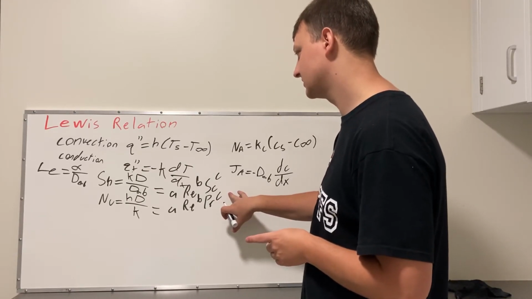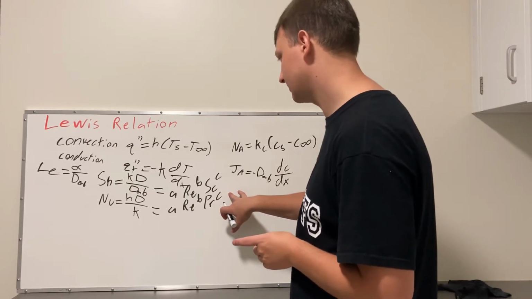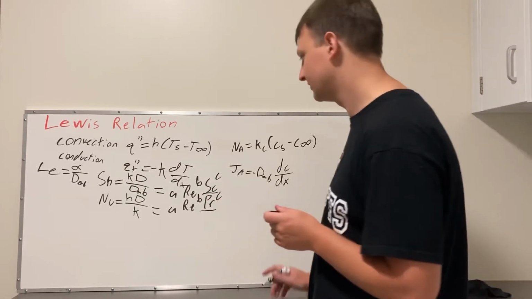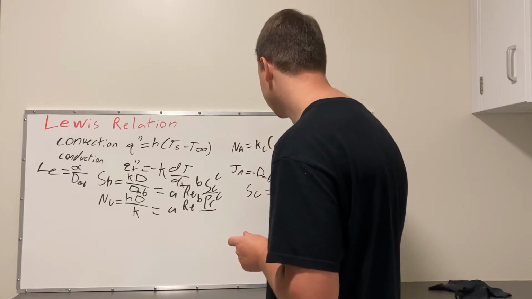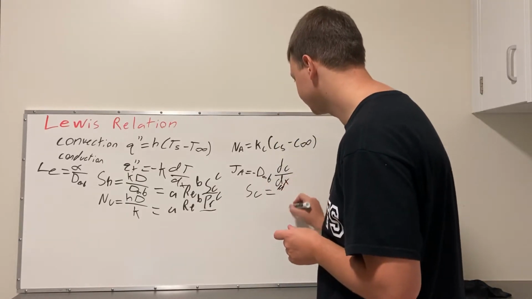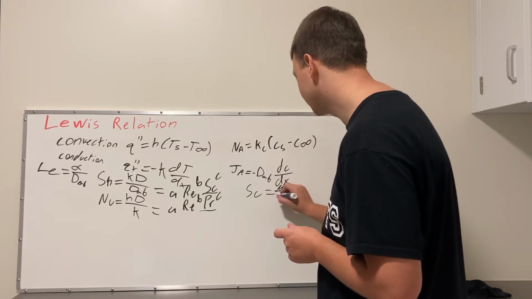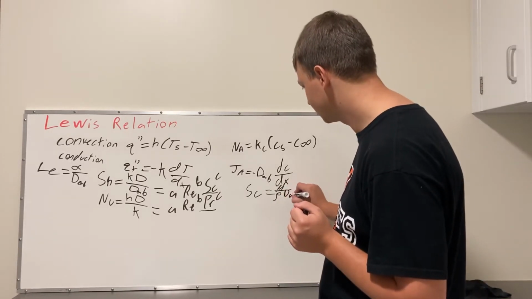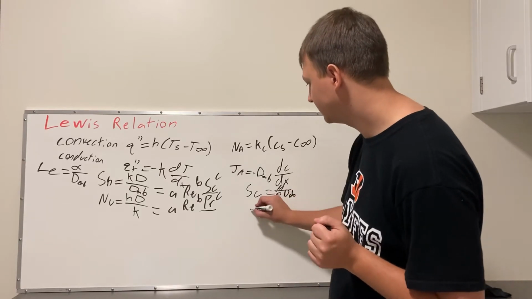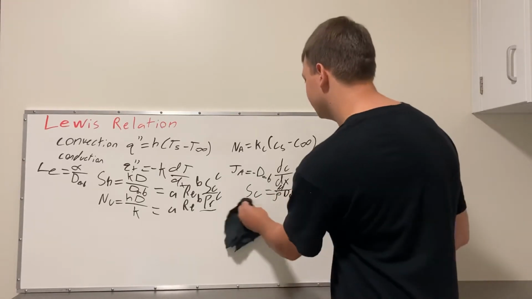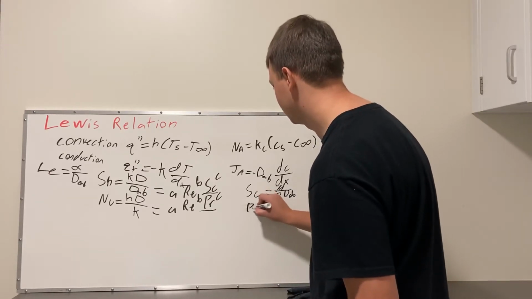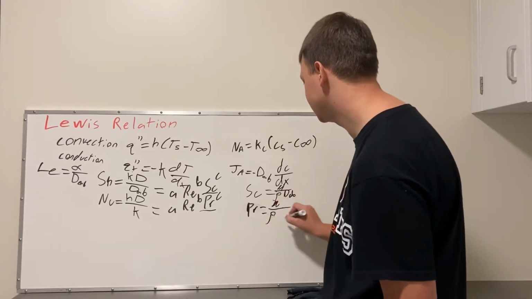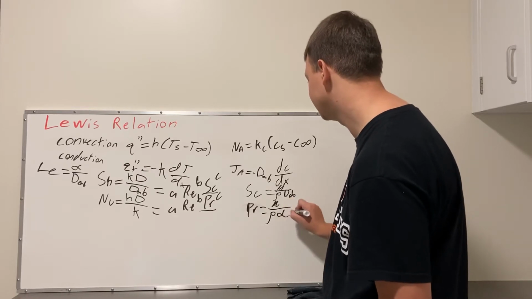And if we look at the different part, the last one, we're going to have the Schmidt number, which is equal to the viscosity over the density times the mass diffusivity, and the Prandtl number, which is the viscosity over the density times the thermal diffusivity.